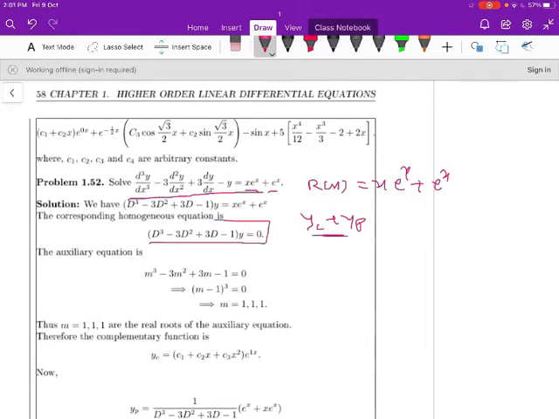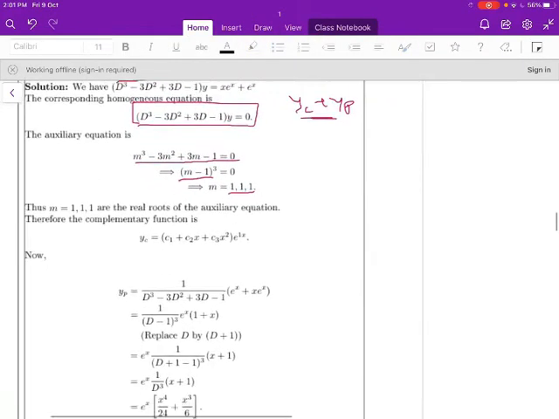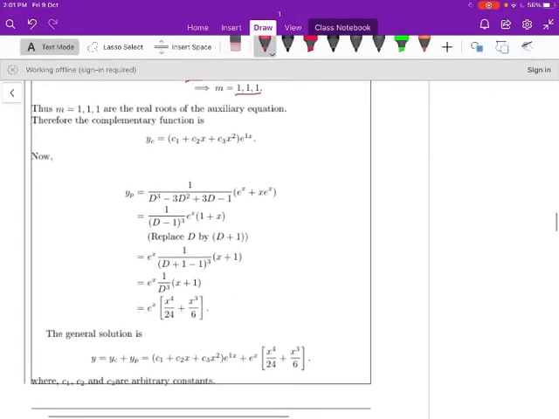To find yc, consider the homogeneous differential equation, that is D cube minus 3D square plus 3D minus 1 into y is equal to 0. So the corresponding auxiliary equation is m cube minus 3m square plus 3m minus 1 is equal to 0. That can be written as m minus 1 whole cube. So the roots are 1, 1, 1. These three roots are real and repeated.